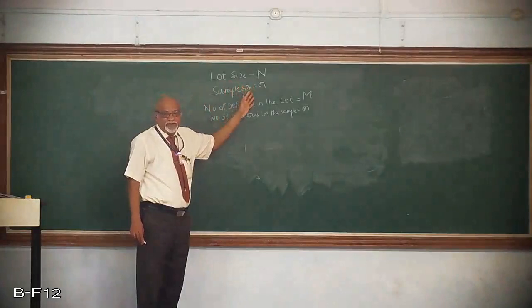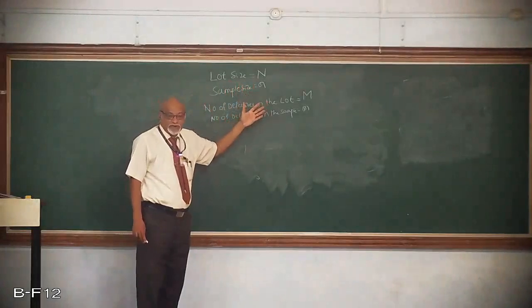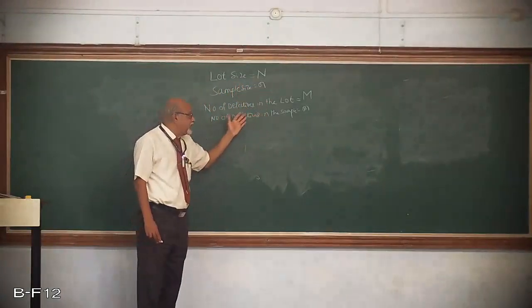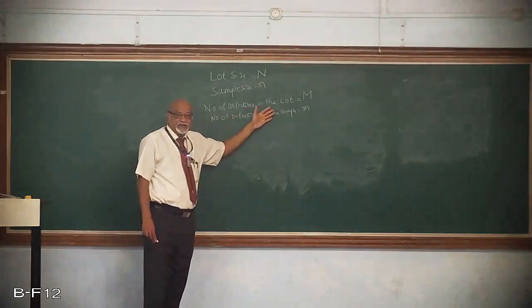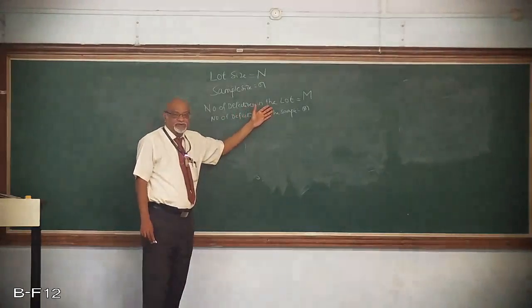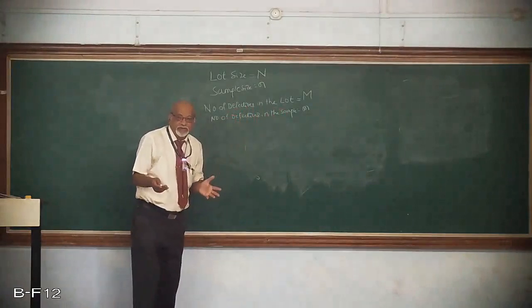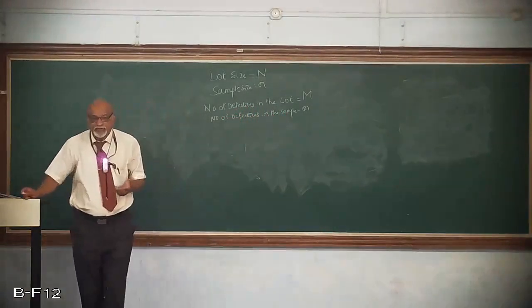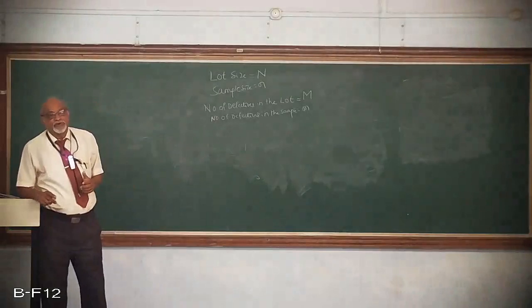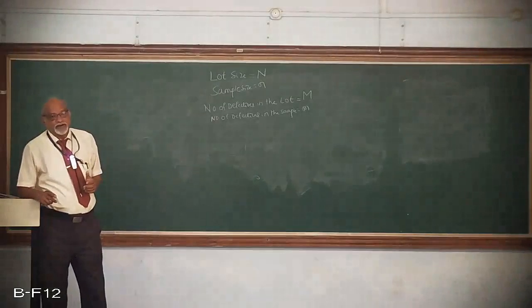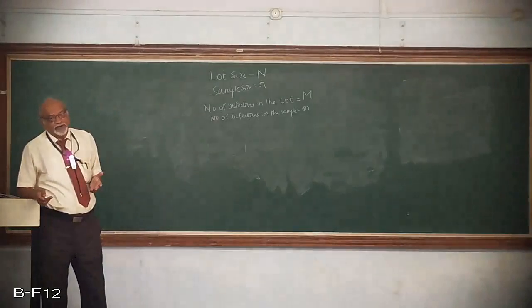This 50 will consist of some defective items, that I call the number of defectives in the sample, small m. Suppose it consists of some 5 defectives, or it may consist of 2 defectives.